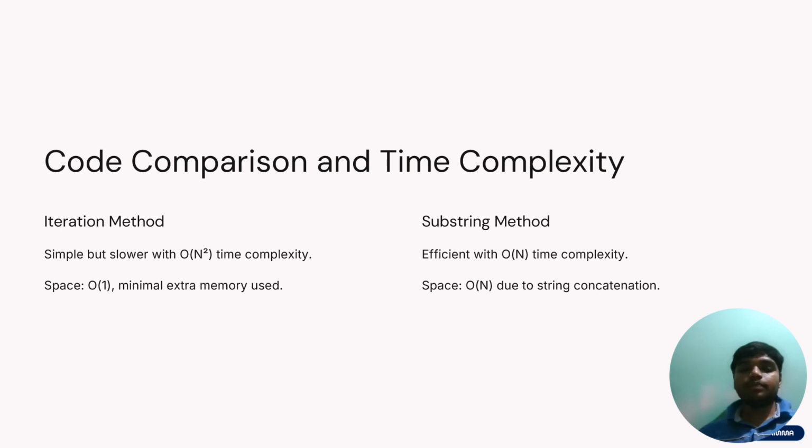Data compression. String rotation can be part of data compression techniques, where the goal is to reduce the size of data by rearranging characters to find more efficient representations. Circular buffers.